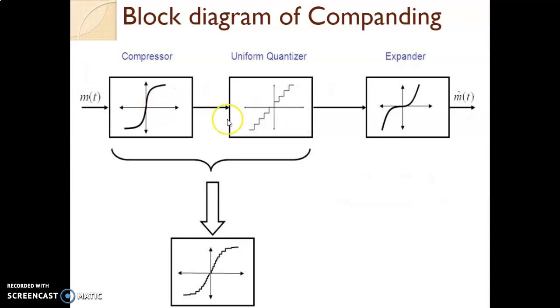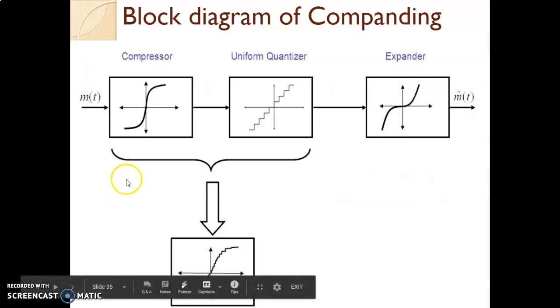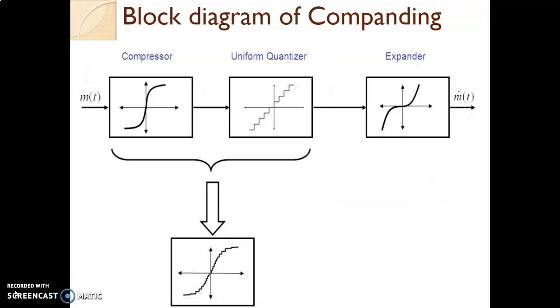Whatever way the compressor has compressed the signal, the expander will expand the signal. So this is the process of companding which is used in the PCM system, which is nothing but for uniform quantization.